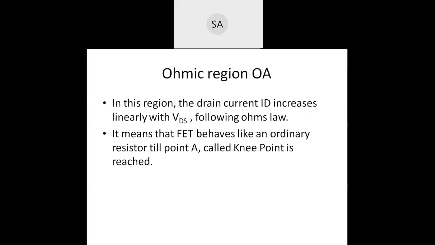As you increase the drain to source voltage, the drain current increases, obeying Ohm's law. It means that the FET behaves like an ordinary resistor till point A. That point we call the knee point. Up to point A, it behaves like an ordinary resistor.